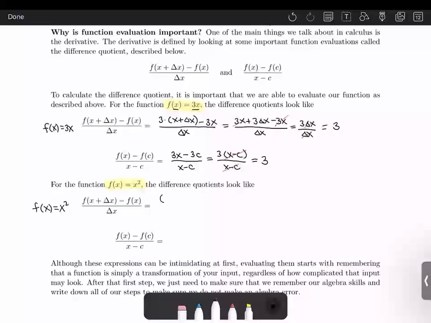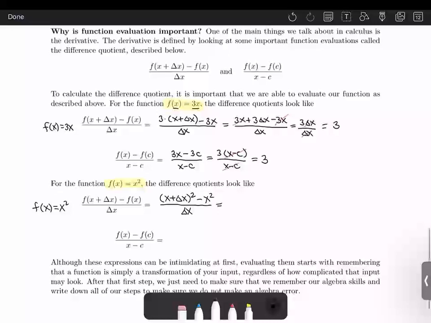So my first function evaluation of f of x plus delta x is going to be x plus delta x all squared minus x squared divided by delta x. And then again, I need to simplify this. So if I am going to FOIL out x plus delta x, I am going to get x squared plus x delta x plus, and I'm going to go back and put that delta x in parentheses just to be super clear.